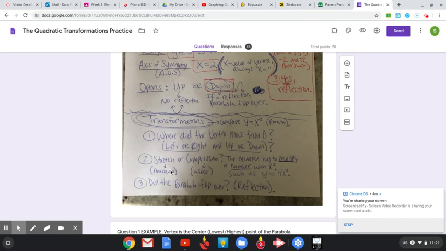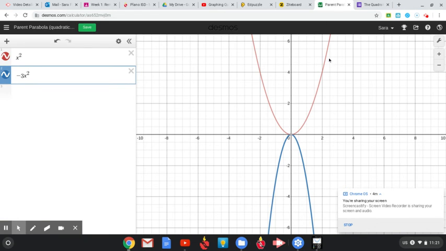A stretch is narrower, skinnier. Compression is wider. So here's the red, here's the blue. Did the blue graph get narrower or wider? Very good, narrower. So we can see that this would be called a stretch.